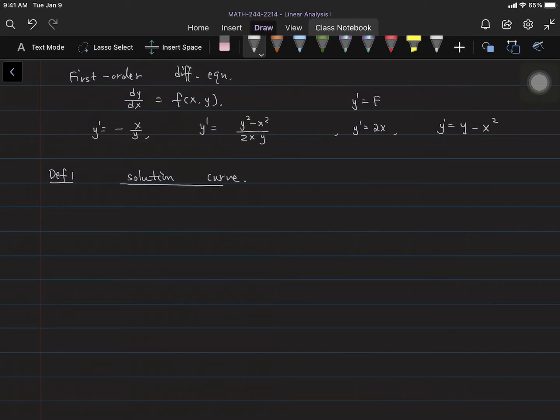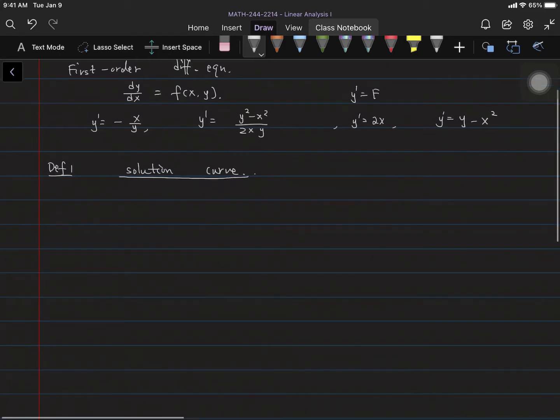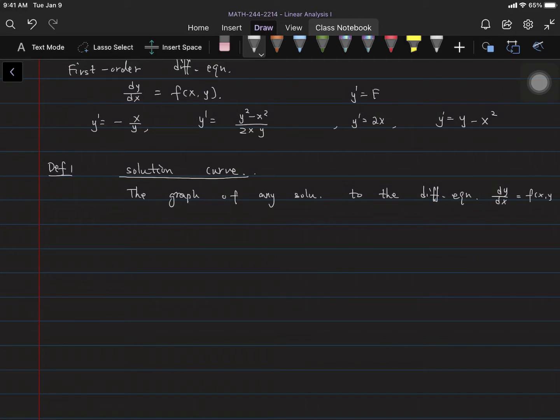Solution curve means the graph of the solution. That means the graph of any solution to the differential equation dy over dx equals f(x, y).